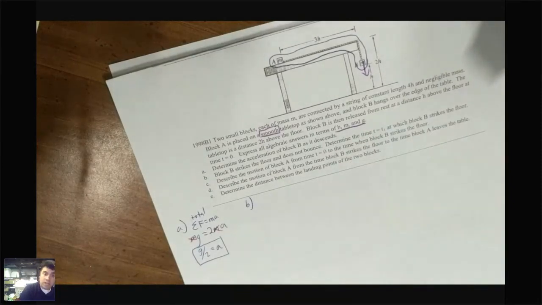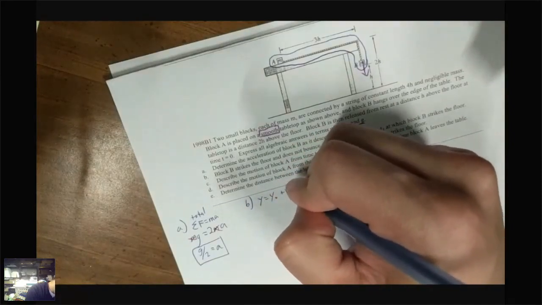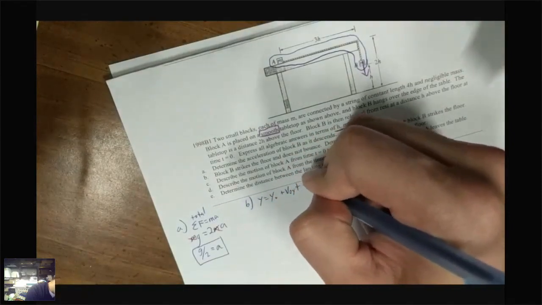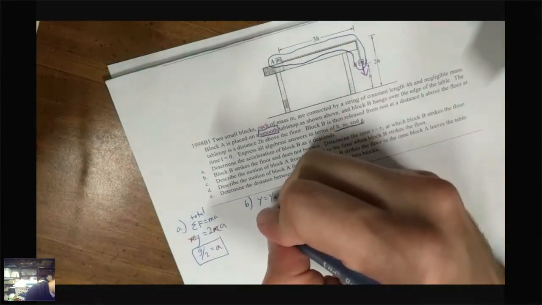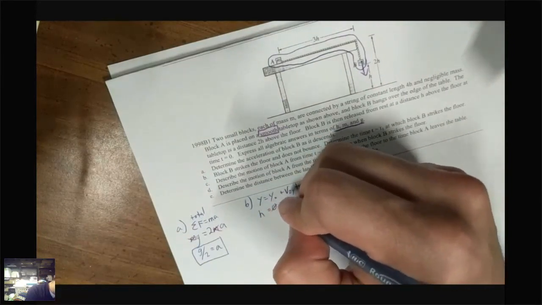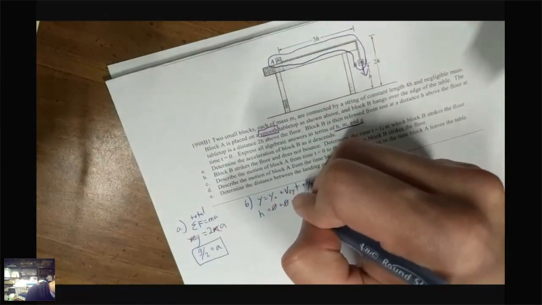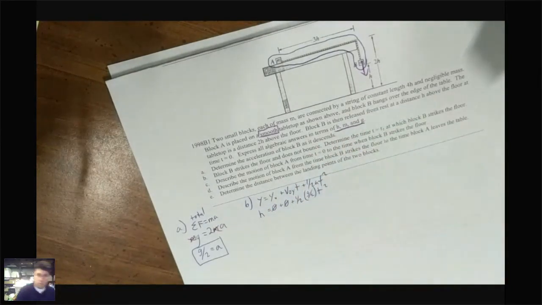So our initial velocity here is 0. So I'm going to go to my standby projectile motion free fall equation, or my basic kinematics equation that I use for everything. I have to fall a height h. I'm not moving at the beginning. And my acceleration is g over 2. And I'm looking for t.